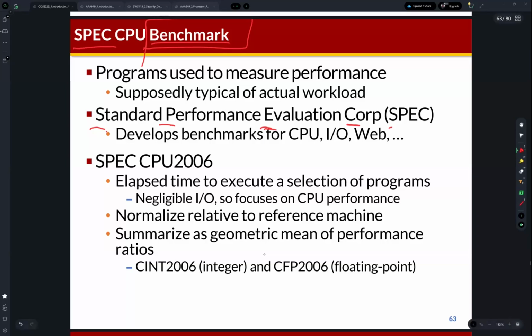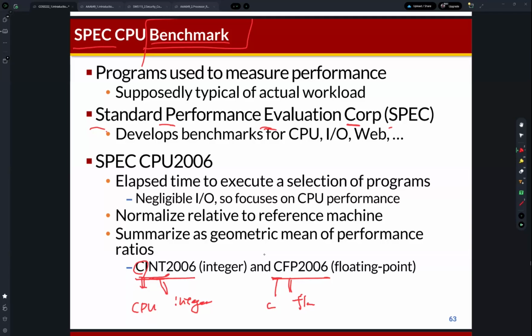So actually, the SPEC benchmark has many different applications, like the CINT2006 or CFP2006. So C means the CPU, and INT is the integer. And then also CFP, C is CPU, and FP is the floating point. Okay? So these benchmarks are used for measuring the performance. But as I mentioned, the applications include different proportions of instructions, right?